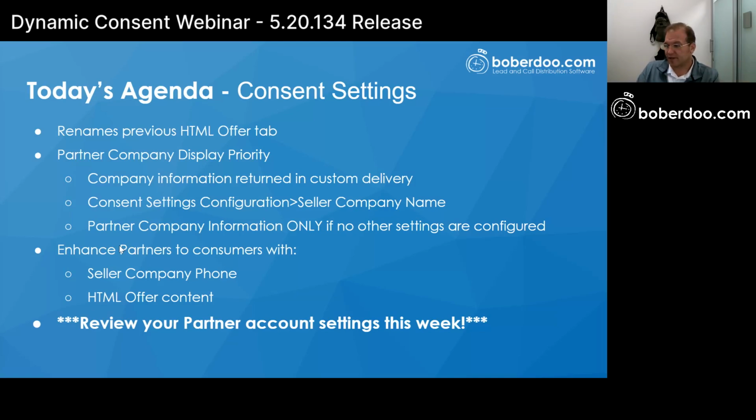So you can charge, for example, if they're going to call the companies directly, or the HTML offer can be used to return taglines, like the best roofing contractor in Madison, Wisconsin, things like that. And finally, you definitely want to review your partner account information, company information, so that you know what is being returned in the response for these companies.